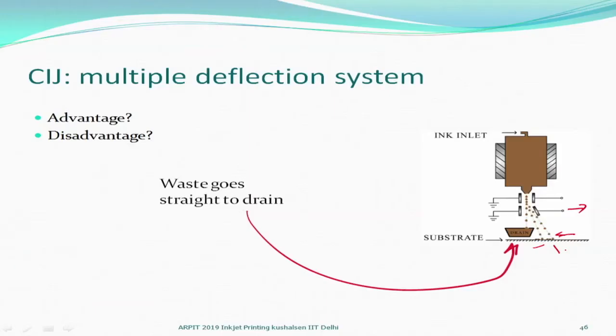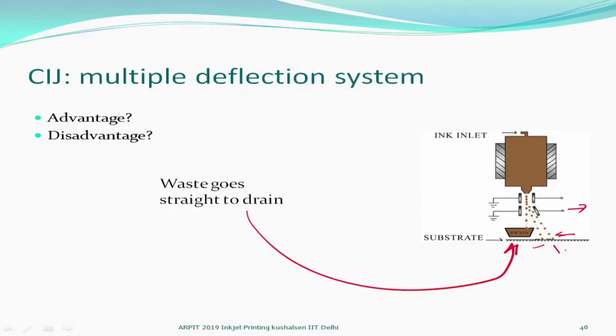to two different areas. So, what is the advantage? The advantage of the multiple deflection is that you would be able to get more area printed. Any disadvantage that you can think of? Well, one thing you can probably see is that the circularity of the drop may get changed.